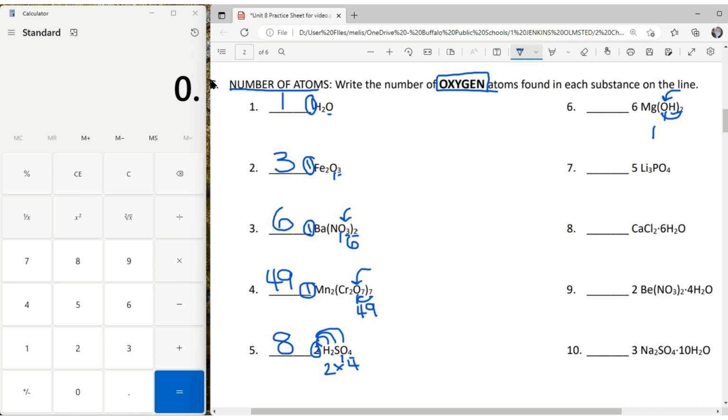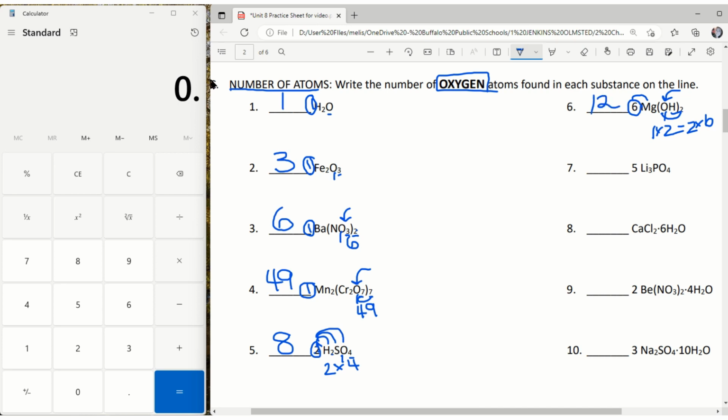So for oxygen, I had 1, but I have to multiply it by the 2 outside the parentheses. So far, I have 2 atoms of oxygen. But look, there's a coefficient. So remember, the coefficient, I also have to distribute it. So now I have to take this 2 times 6, which gives me 12.